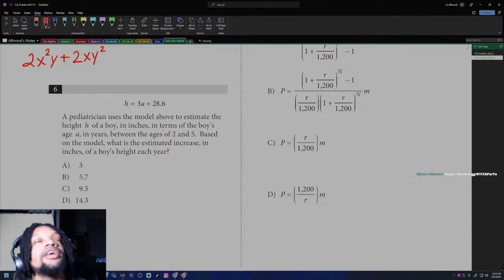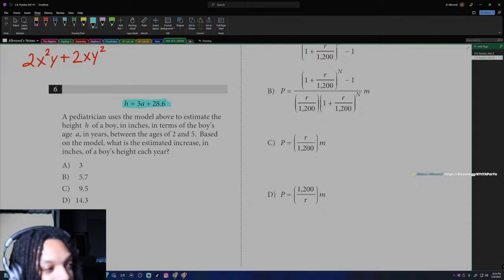Okay, they're doing more talking than I am, bro. They're saying a whole lot of nothing. So all they're saying is this equation right here gives a boy's height as a function of his age. So basically, his height depends on how old he is. That's all they're saying.